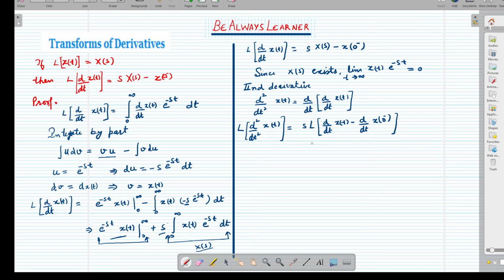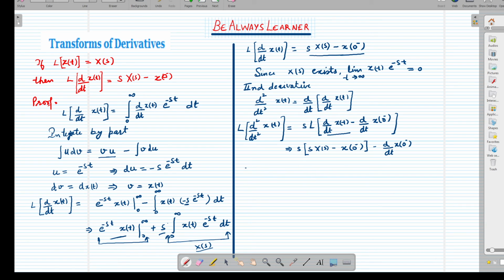Further, we can write this term because we already determined it. The Laplace transform of this term is written as s into (sX(s) minus x(0 negative)), minus d by dt of x(0 negative).